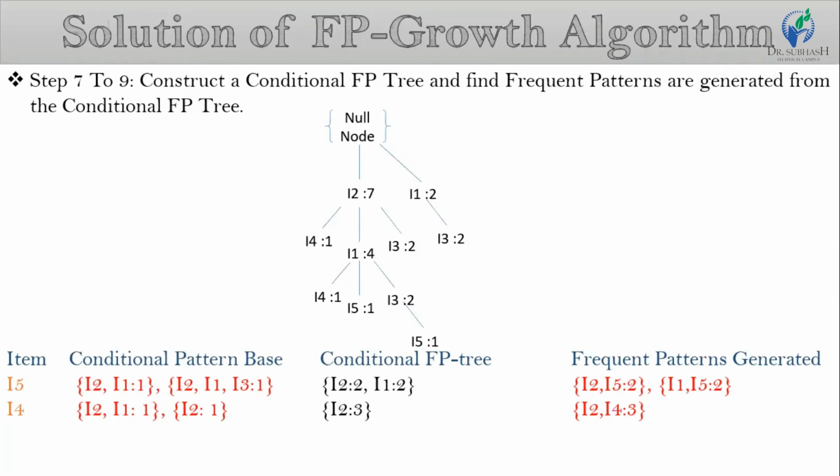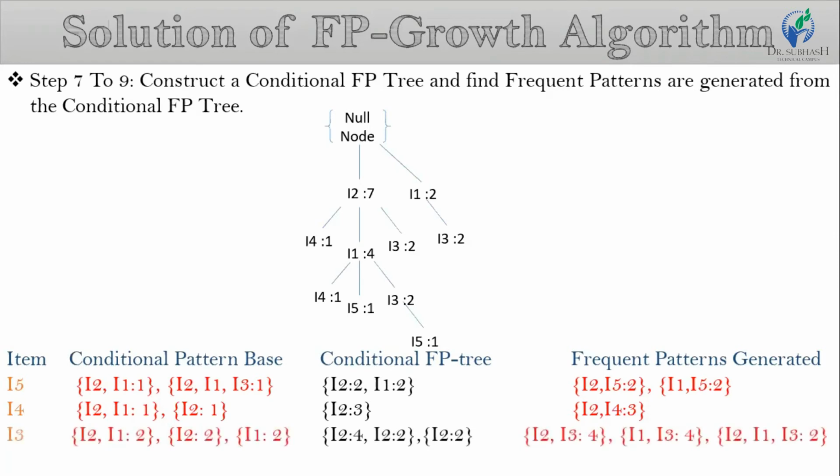Similarly to the above analysis, I3's conditional pattern base is I2 count 4, I1 count 2, and I2, I1 count 2.